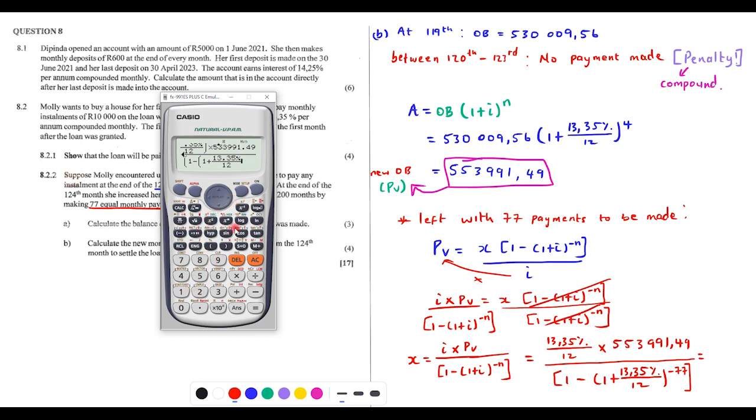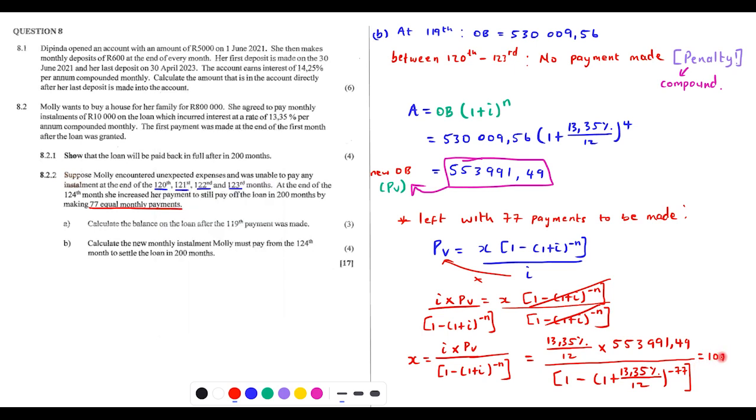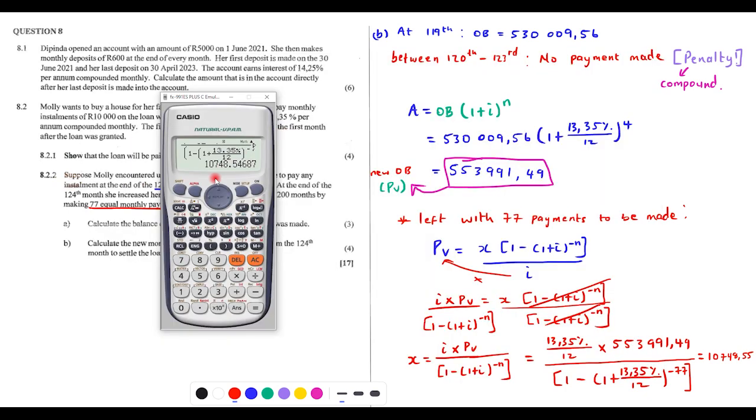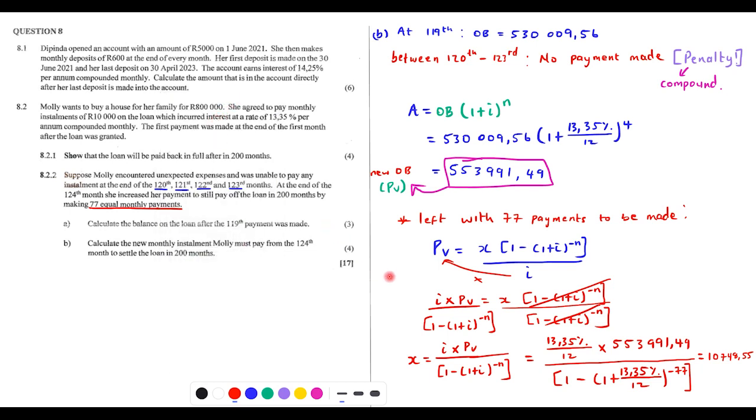Now let's see. So our new equal payments will be 10,748.55. 10,748.55. Let's see. Double checking. Yes, and that is basically how we can calculate our new installment payment, right? So that's basically how you do these types of questions when you miss a payment.